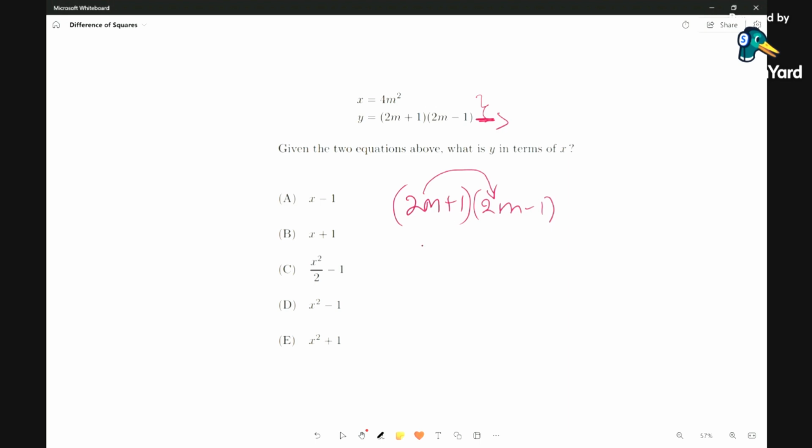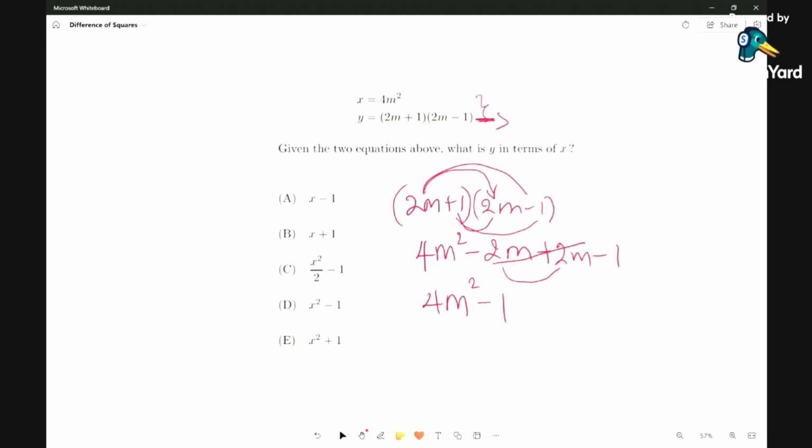So 2m times 2m will give me 4m squared. 2m times -1 would be -2m. 1 times 2m would be plus 2m. And then 1 times -1 would be what? Minus 1. Okay, and so if I simplify this, these will disappear because you have -2m plus 2m. That's 0. So we have 4m squared minus 1.